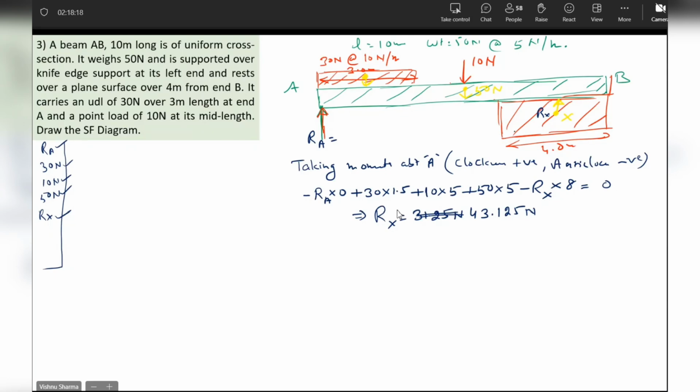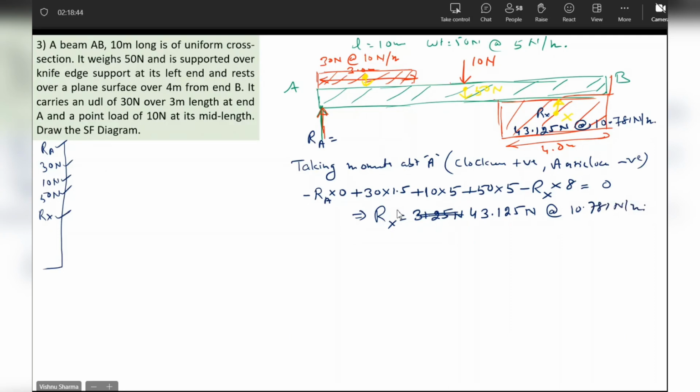So Rx is 43.125 newtons. You divide by 4, it will be 10 point something, right? 10.781 newtons per meter. Have you understood, guys? At the rate of 10.781 newtons per meter.